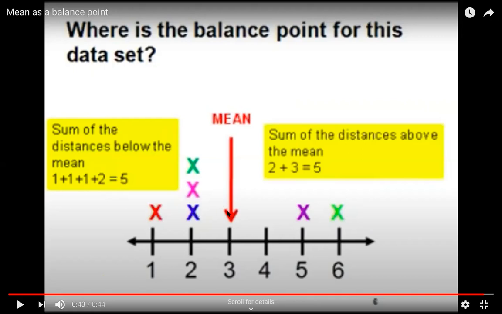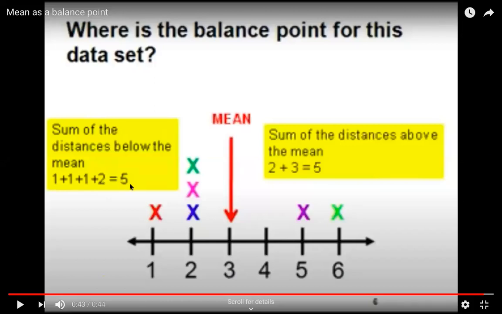If I'm jumping from 2 to 3, 1 space. So let's count it. This one has 1, this one 2, 3, and then 4, 5. Do you get it? Yes. So the sum of the distances below the mean is 1 plus 1 plus 1 plus 2 equals 5.